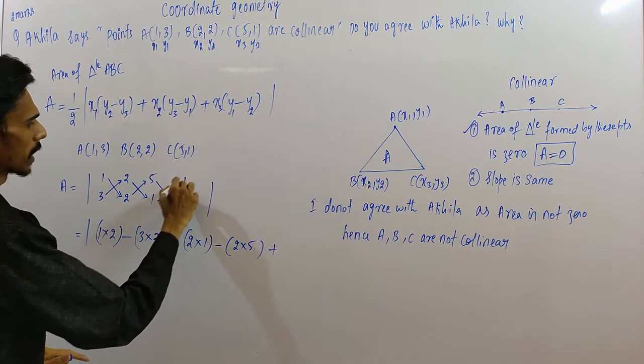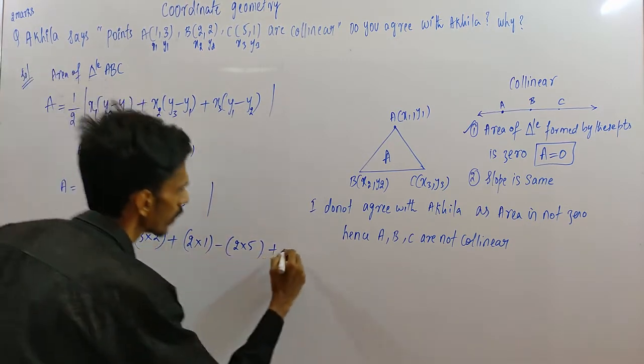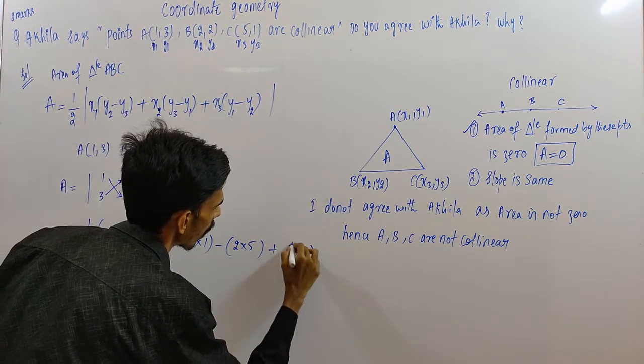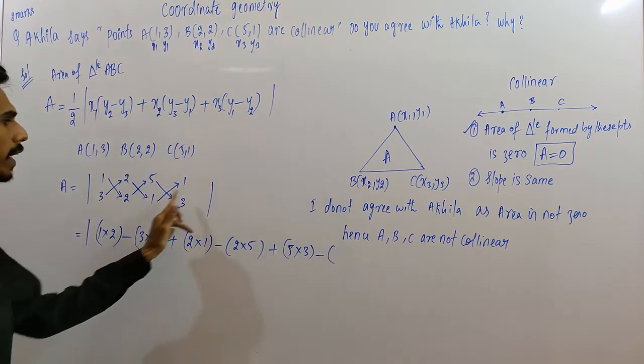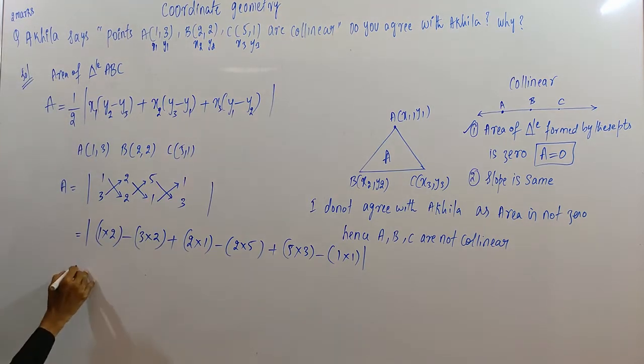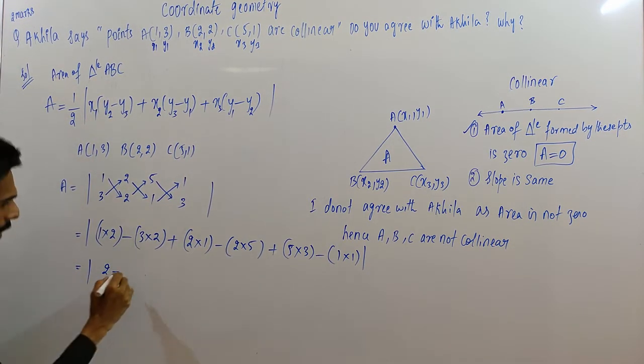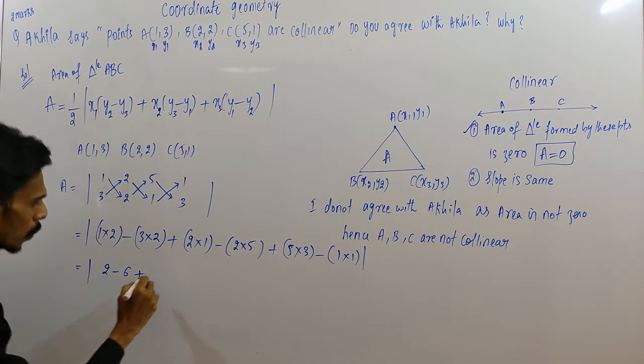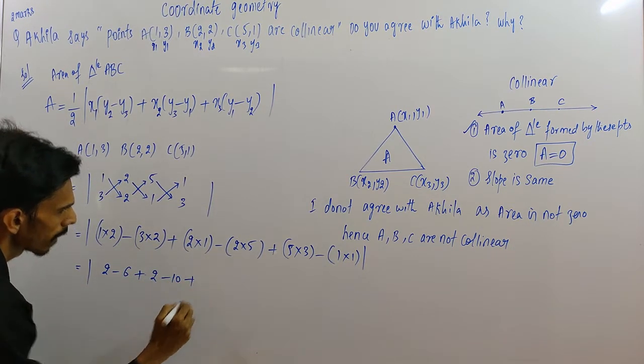Again take cross multiplication: we have 5 into 3 minus 1 into 1. One into 2 we have 2, minus 2 into 3 we have 6, plus 2, minus 10, plus 5 into 3, 15, minus 1.